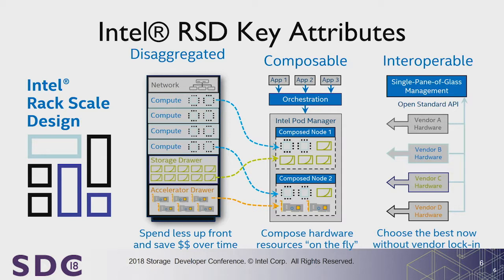Now, what the RSD needs to do is to uniquely identify each of the assets and aggregate them into one seamless model that is exposed to the orchestrator on the northbound interface. And there are all sorts of issues with this. For example, you can imagine a storage drawer. What is the storage drawer? Actually, it's probably some IA host with a PCI switch, which hosts a bunch of NVMe drives, right?